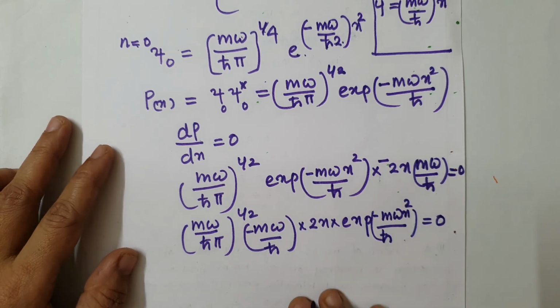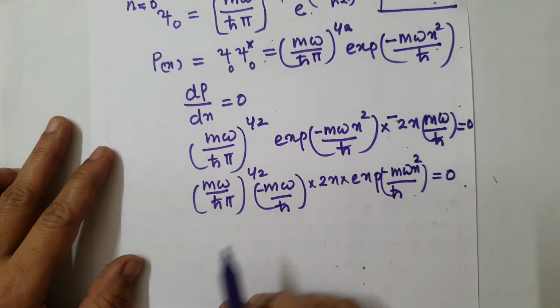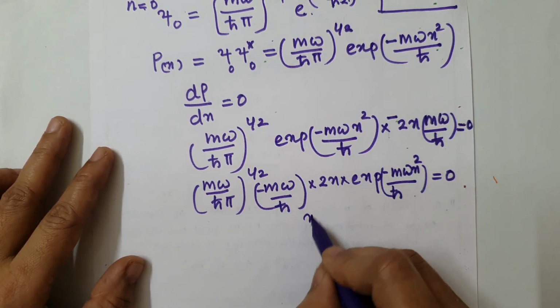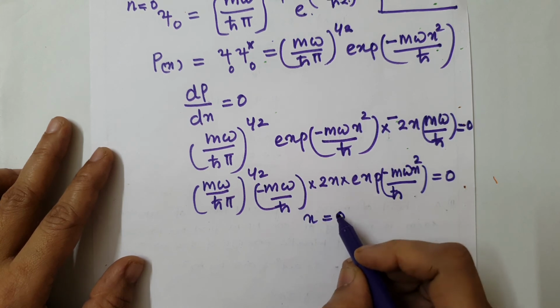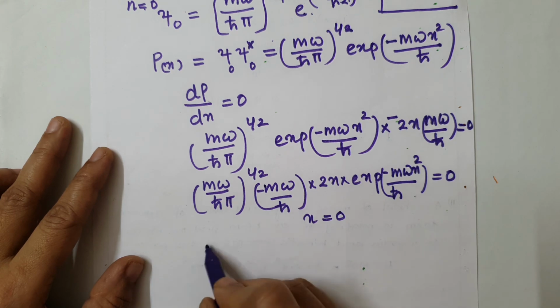This is the equation dP by dx equal to 0. The exponential term is not zero and the rest are constants, so x will be 0. Therefore, the probability density is maximum at the point where x is equal to 0.